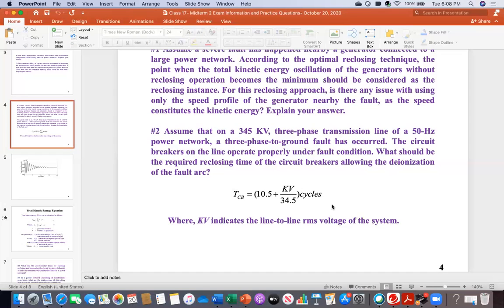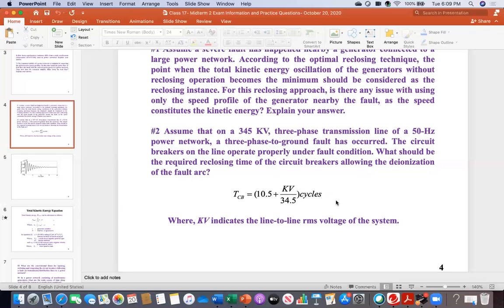Yes, sir. Yes, Dr. Ali. Okay. So one cycle is equal to 20 milliseconds based on 50 Hertz, 1 over 50, you get 0.02 or 20 milliseconds. So therefore 0.41 second is the arc deionization time. This means after that, it is now safe to reclose the breaker.